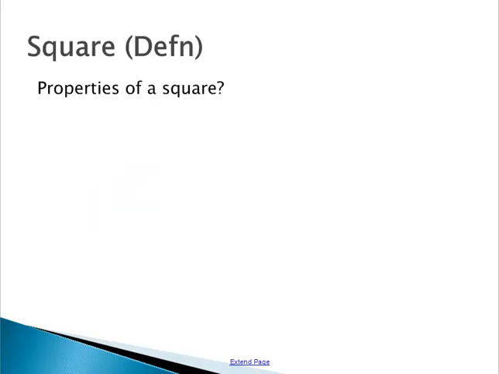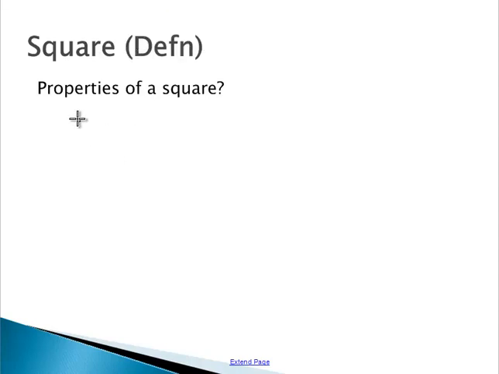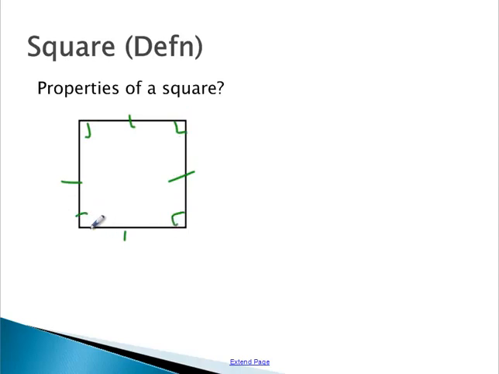Now let's take a look at squares. What do we know about a square? A square is a regular quadrilateral. It's regular because all the sides are congruent, all the angles are congruent, and in fact those angles are right angles. But the properties of a square are, this is going to sound funny to write, all the properties.